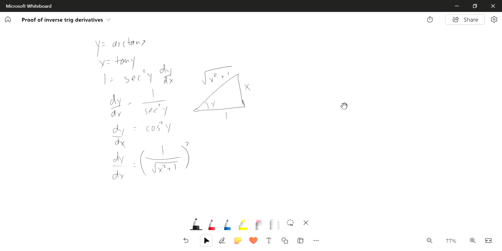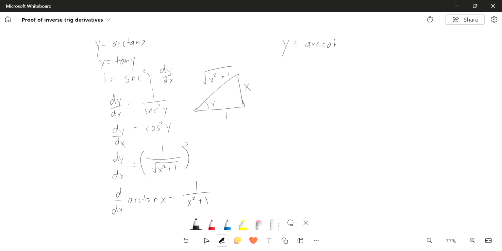But then cosine is squared in our equation, so we square this. And so our final derivative for arctangent is equal to 1 over x squared plus 1. And this looks really neat, especially compared to arcsine and arccosine, and as you'll see, compared to arcsecant and arccosecant.